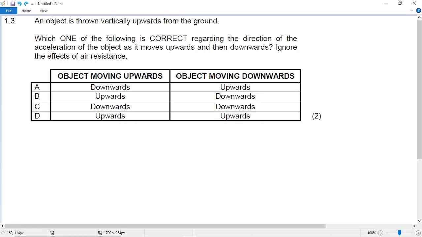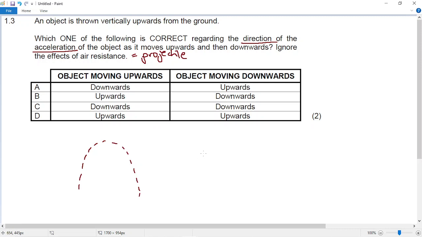1.3, an object is thrown vertically upwards from the ground. Which one of the following is correct regarding the direction of the acceleration of the object as it moves upwards and then downwards? Ignore the effects of air resistance. We have a projectile undergoing projectile motion, where the only force acting is the force due to gravity.